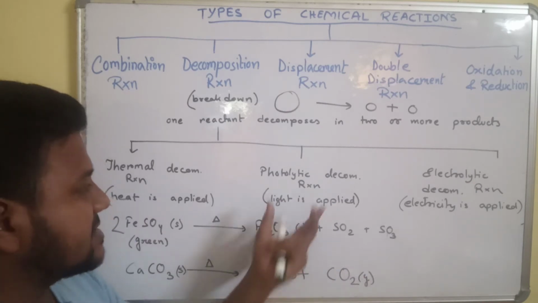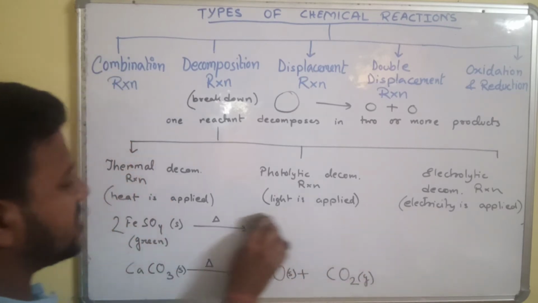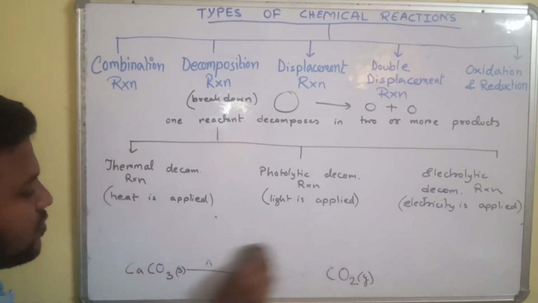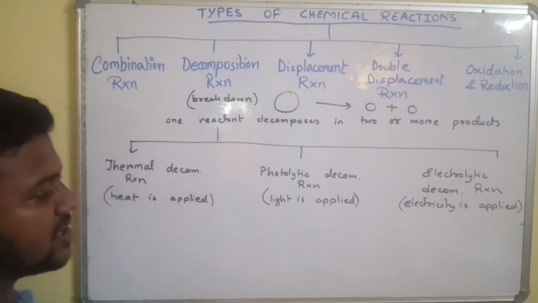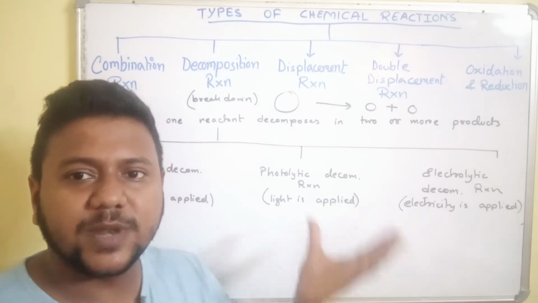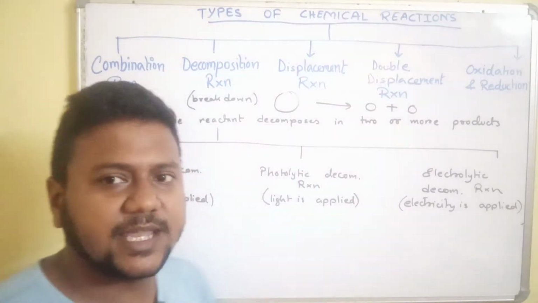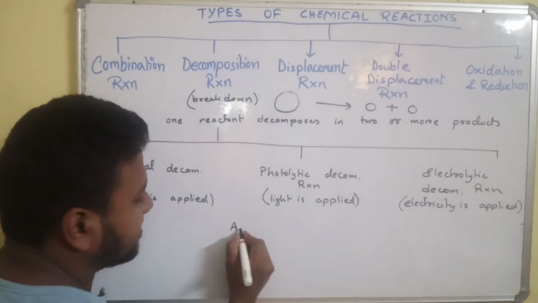Now let us discuss what a photolytic decomposition reaction is. A photolytic decomposition reaction is a reaction where we use light to break down the reactant. Let us take an example like AgBr.